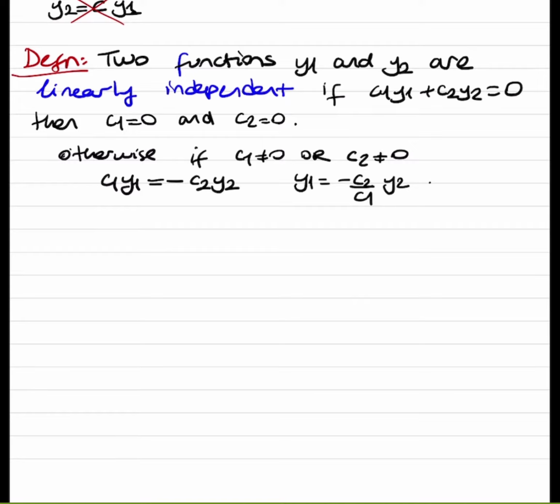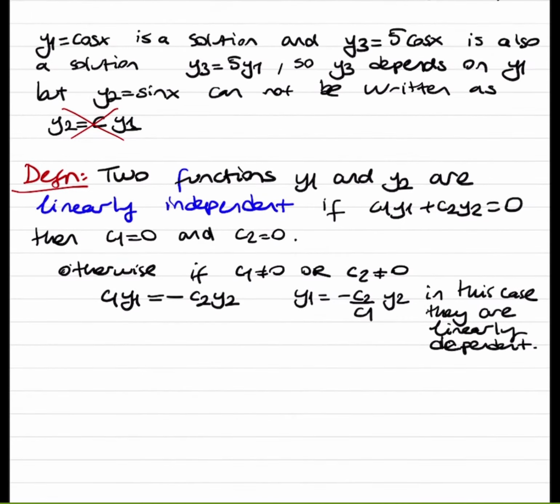So in this case they are linearly dependent, like in this case. y3 is 5 cosine x, so they are linearly dependent, but y1 and y2 are linearly independent.